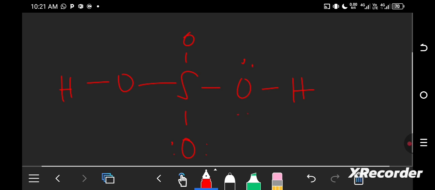You know that we obey the octet rule, so we need to complete the number of lone pairs on oxygen to satisfy the octet rule.